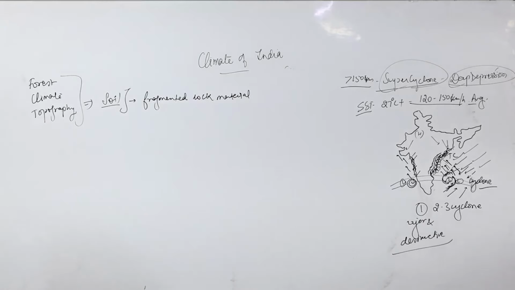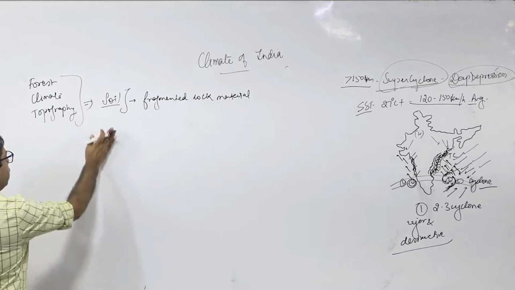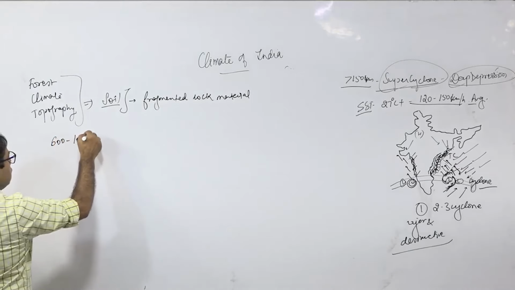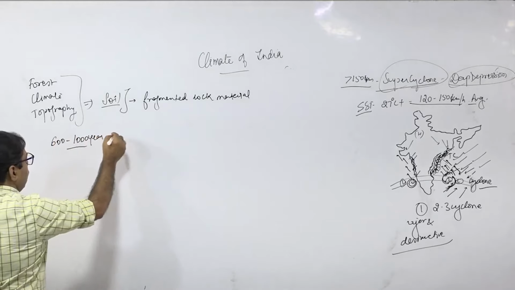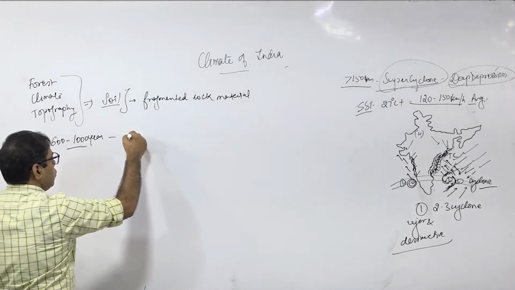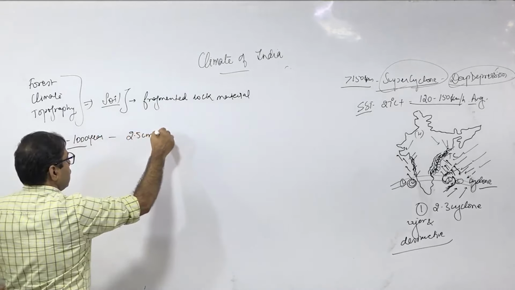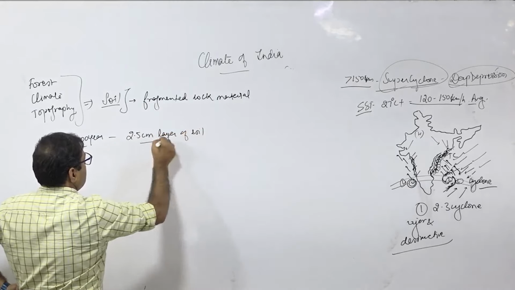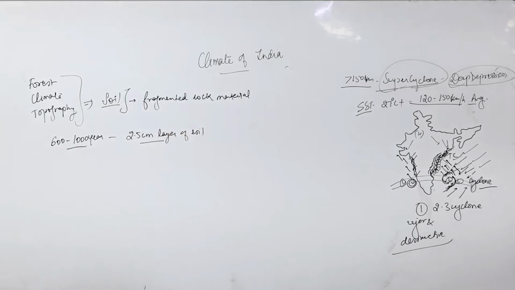Soil is a renewable resource, non-renewable resource? It is renewable. So this takes about 600 to 1000 years to form about a 2.5 centimeter thick layer of soil. तो उसको renewable बोलेंगे, non renewable बोलेंगे. We'll call it renewable or non renewable?